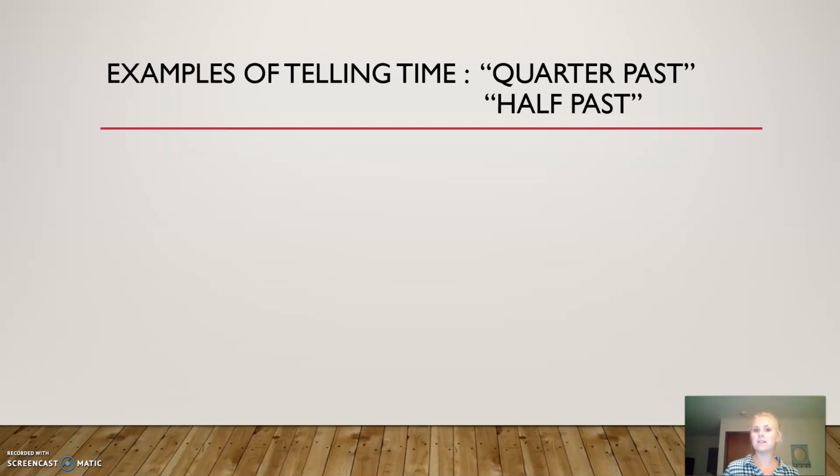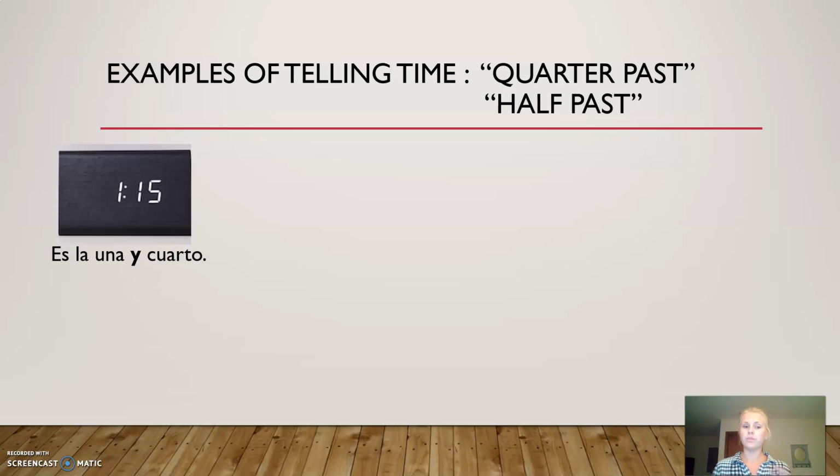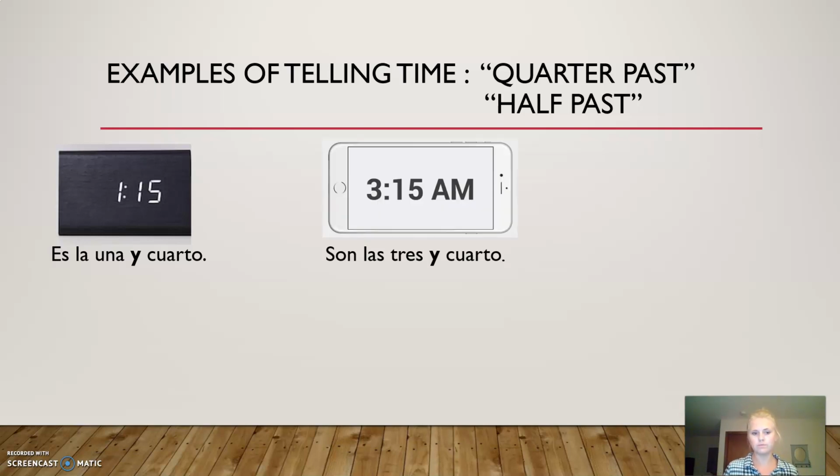All right, so quarter past really means 15 past the hour. Half past is 30 past the hour. Okay, so here are some examples. The word quarter in Spanish is cuarto. Cuarto. So if we're saying 1:15, we would say es la 1 y cuarto. Son las 3 y cuarto.